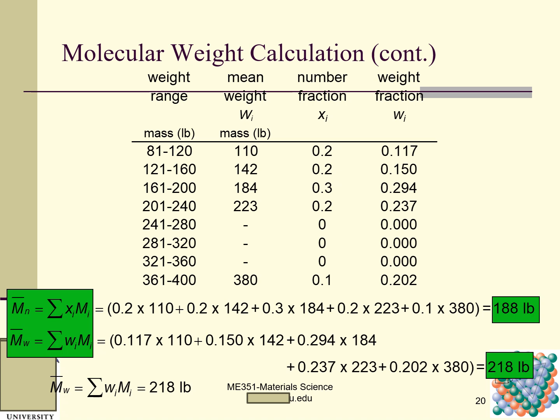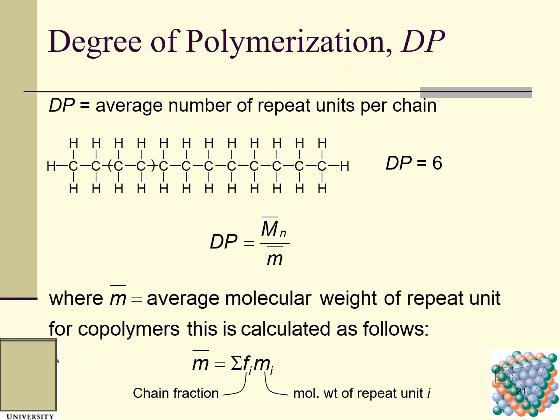Then we calculate Mn based on this equation, and Mw based on this equation. We can see these two values are quite different for this example. Any questions so far? You need to know how to do simple calculations using these two equations.